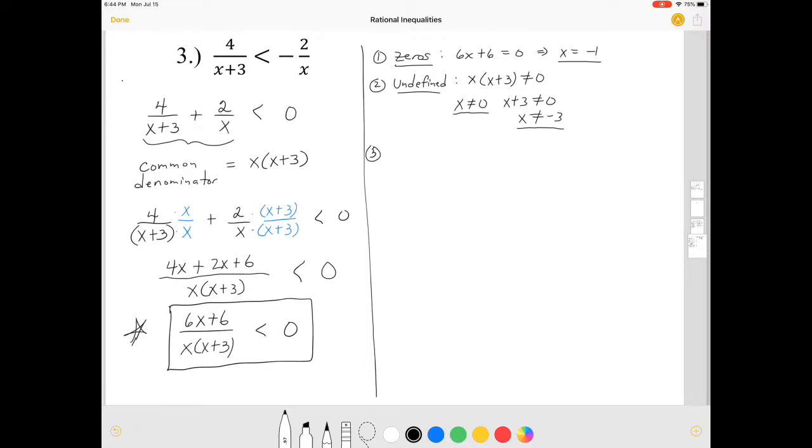So now we can do our number line test. All right, so you're going to put the infinity symbols on there and the 3 numbers that we just found in order, negative 3, negative 1, 0. And remember, that line represents all x values.